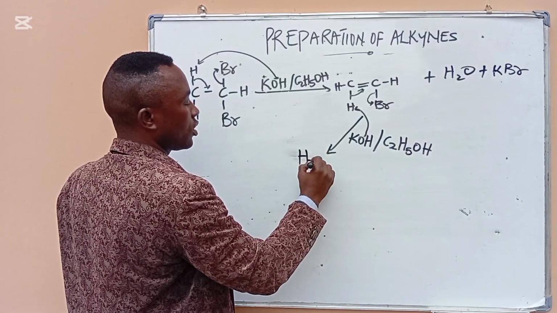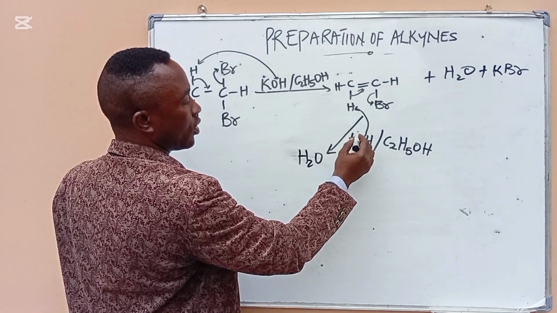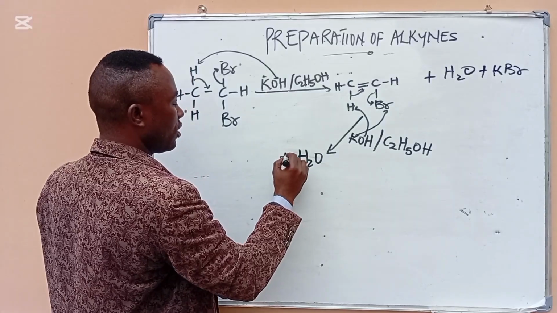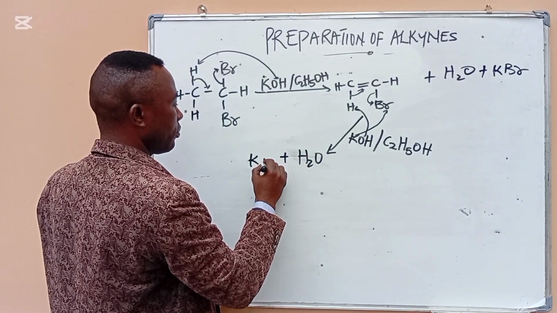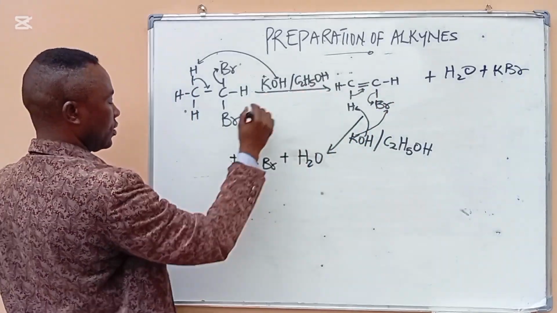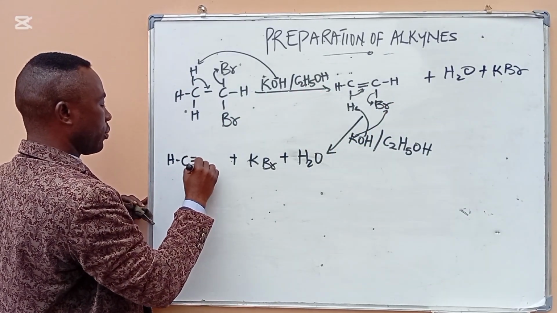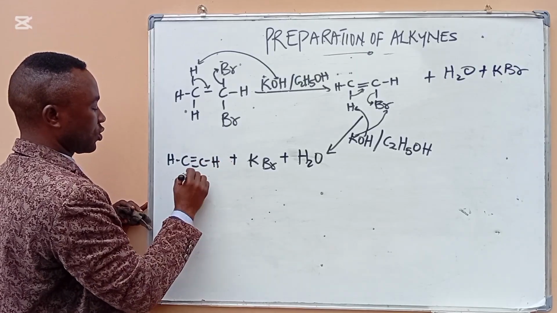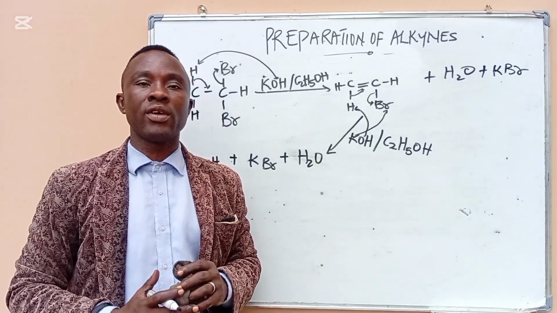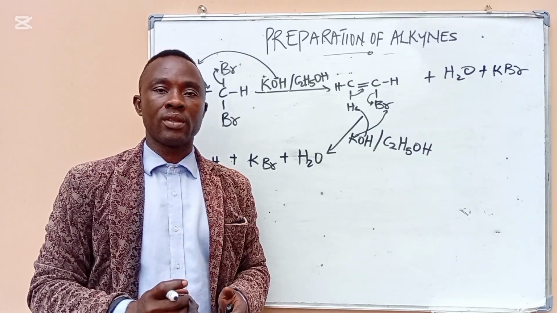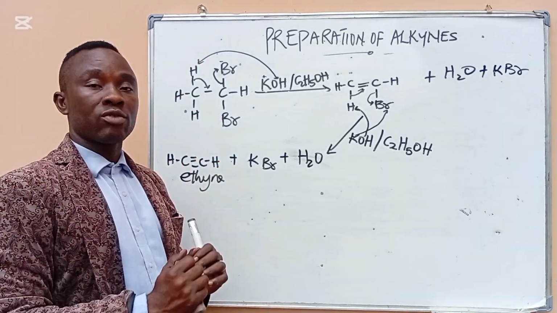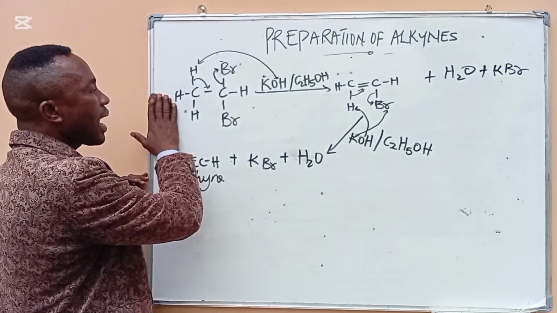Then the potassium here will go to pick bromine to give you KBr. What is now left is HC triple bond CH, which is ethyne. So that is the mechanism of that reaction: hydrogen leaving to create a bond, bromine also leaving to pick the metallic ion. Now, that is number 2 on the preparation of alkynes.